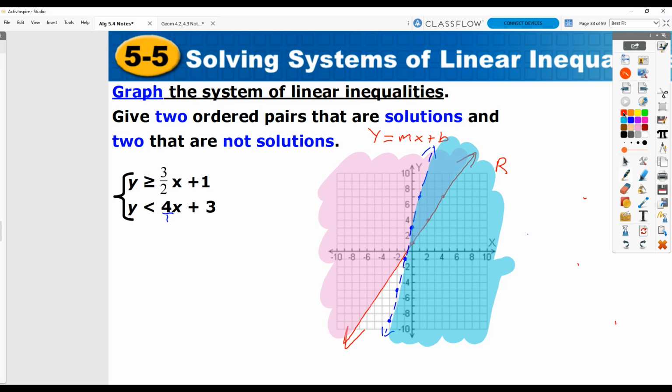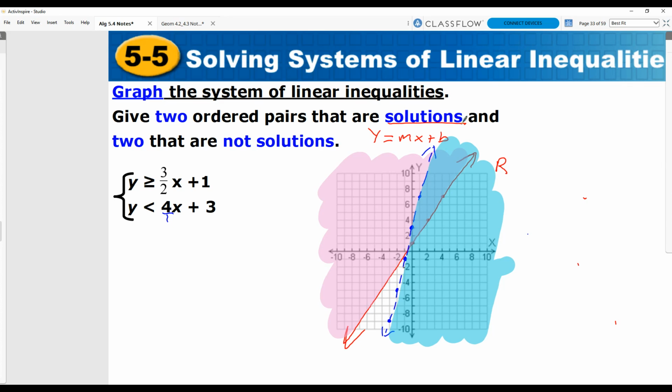So now we're done. We got those two lines graphed. So now let's talk about where our solutions are. So this blended area where these two colors came together, anywhere in this region represents solutions to this system. Anywhere where those two colors overlapped and blended together.